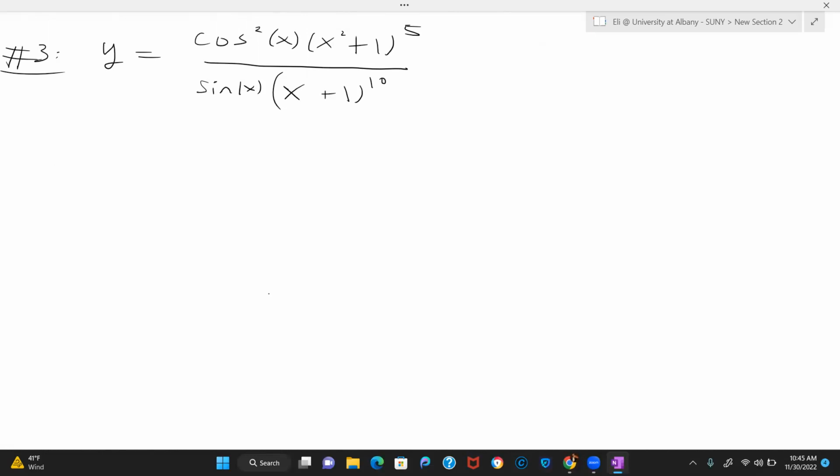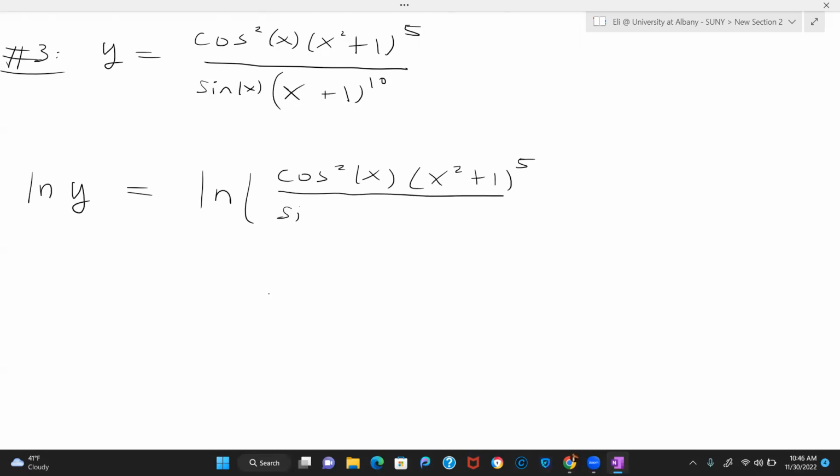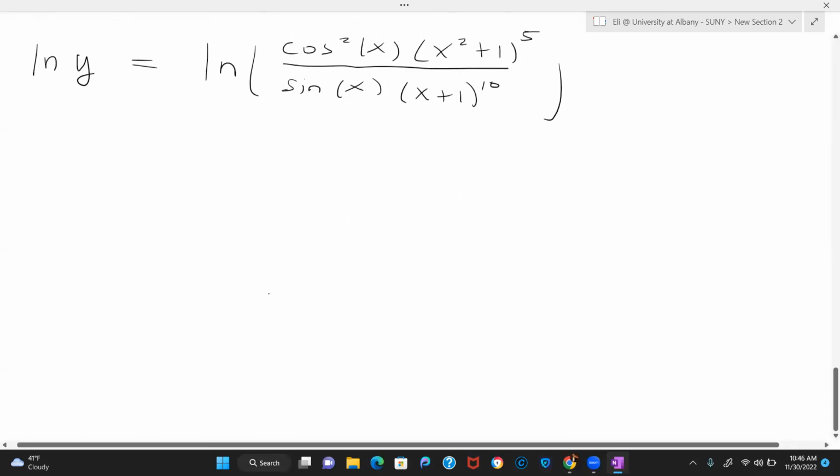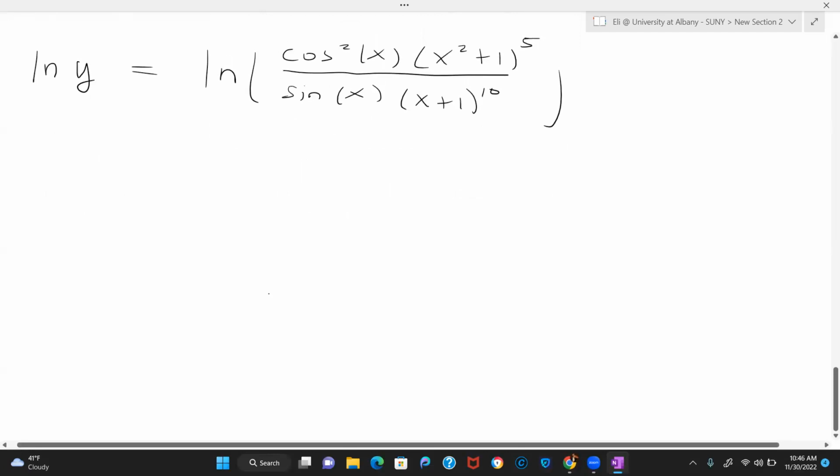So some people had trouble with this one too. So first step in logarithmic differentiation is to take the natural log of both sides, like so. And now we're going to use our various log rules.